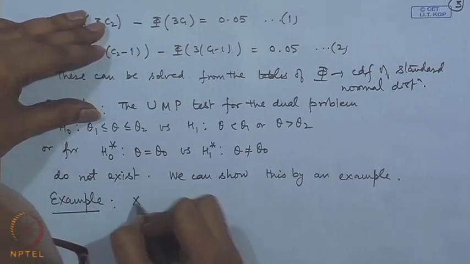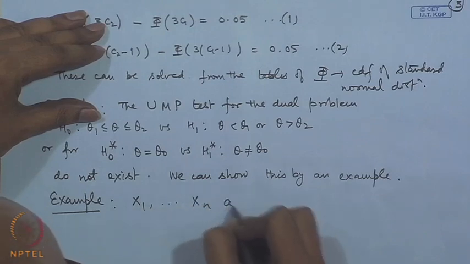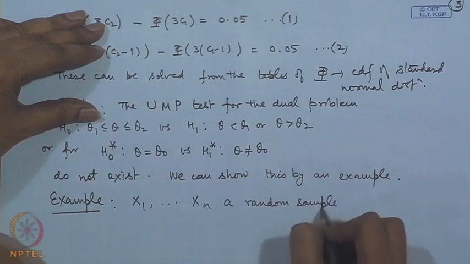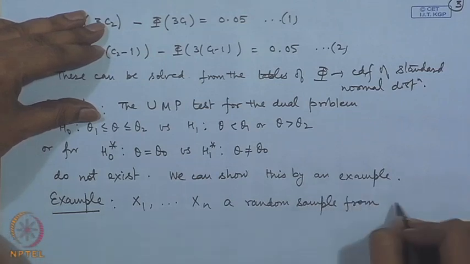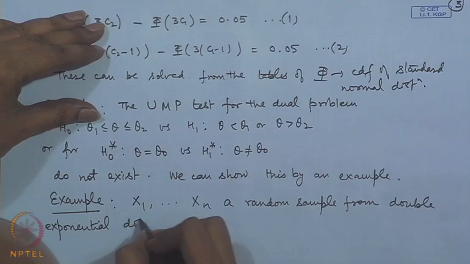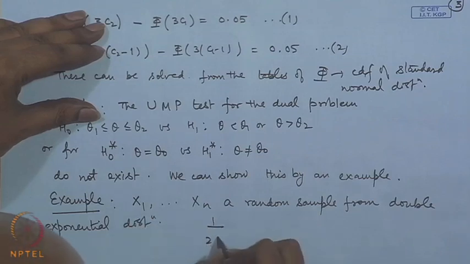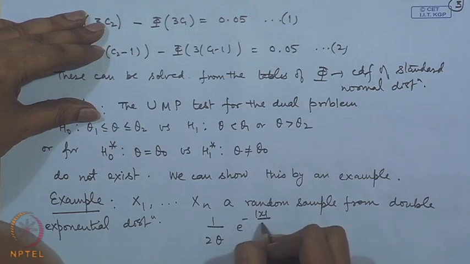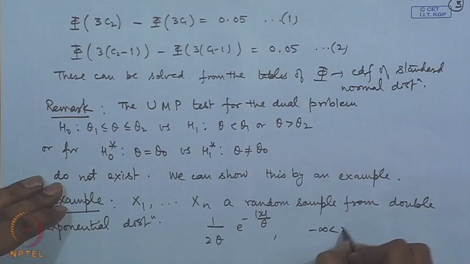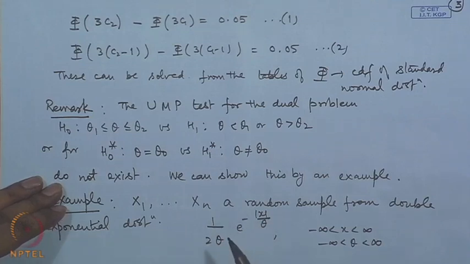Let us consider x 1, x 2, ..., x n, a random sample from the double exponential distribution, 1 by 2 theta e to the power minus modulus x by theta, and here of course both theta and x have the range on the whole real line. This problem we discussed in the previous lecture.